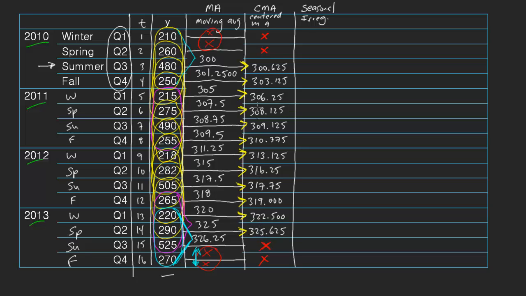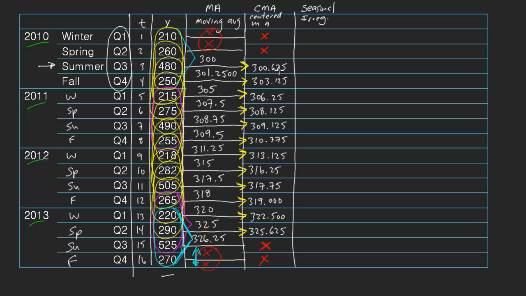But what is the actual reality? Well, the summer, as we've seen before, leads to dramatically increased numbers of visitors. We don't get what we normally would just expect if there was a gradual increase. Instead, the summer has a big effect. We have 480,000 instead of the expected 300,625.